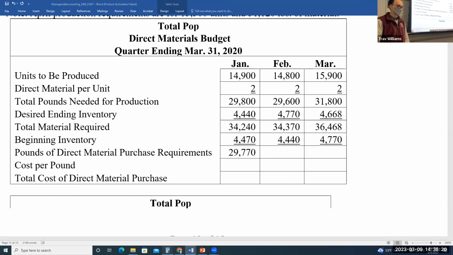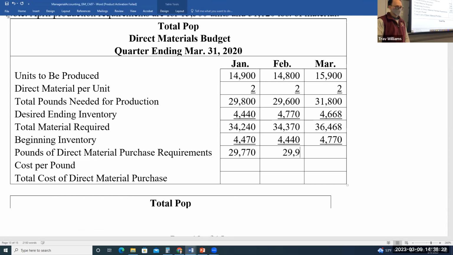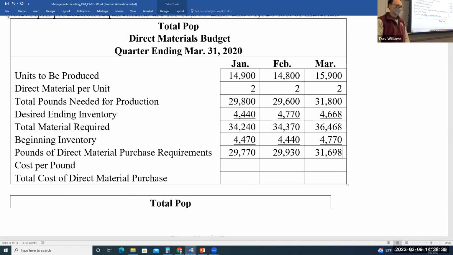Any questions so far? Other than when will it end? Okay, and our cost per pound was what, $3? Yep, $3 per pound every month.